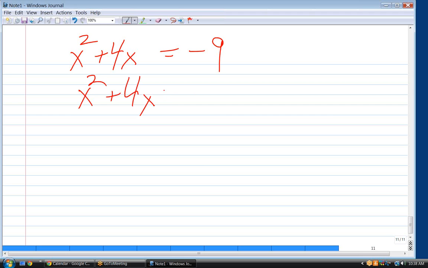There's a couple of ways you can do this problem. That's probably a good first step, because at this point we don't know if we can factor it yet. Can we factor it? No. The only factors of 9 are 9 and 1 and 3 and 3, and neither one of them is going to produce this as a middle term.